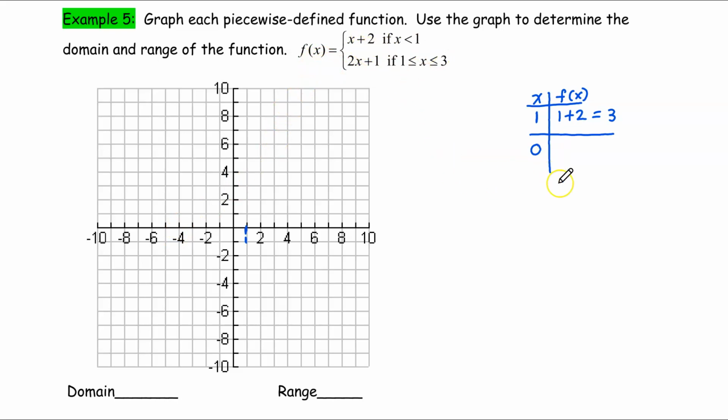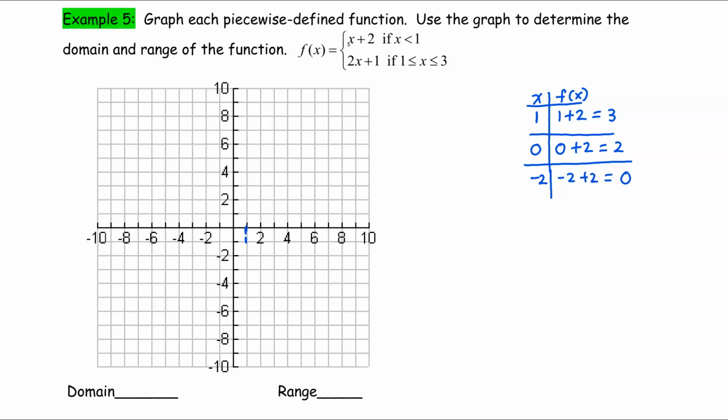At x equals 0, we have 0 plus 2, which is equal to 2. Then you can have another point if you want to. Maybe let's just have -2 here. When x is equal to -2, you replace x here by -2. So you have -2 plus 2, and that gives you 0.